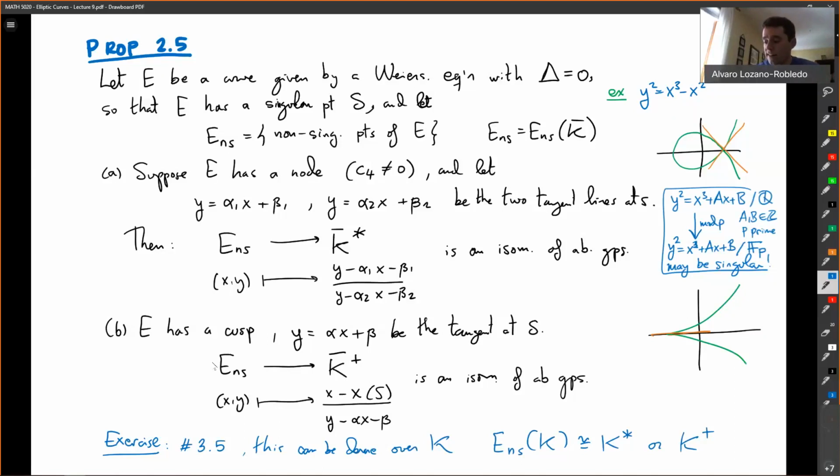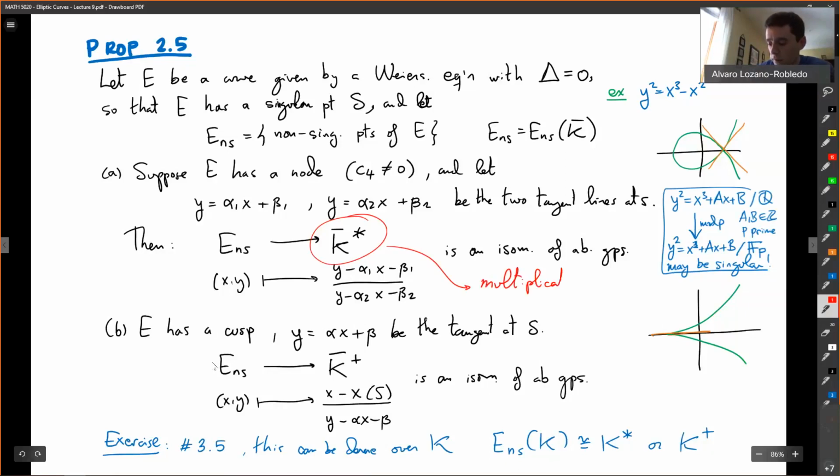And when we do that and it is singular, this is going to justify the notation: when I reduce modulo P and I get a node over FP, of course, over FP there are just points. It's not like a smooth curve and you can't graph it, but the concept is the same algebraically. If there is a node, then I'm going to say that I get multiplicative reduction, and that multiplicative comes exactly from that group, K bar star.